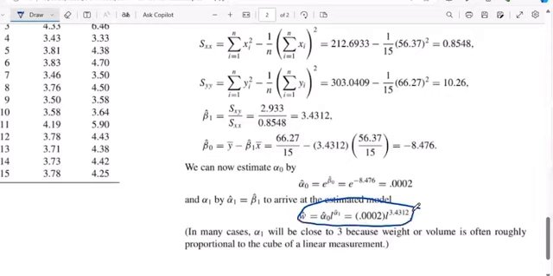I've already plugged in. Now, W cap is the same thing as the expected value of W. Now, if I know the length of an alligator, I can predict on average the weight. I'm done. Is there any question?